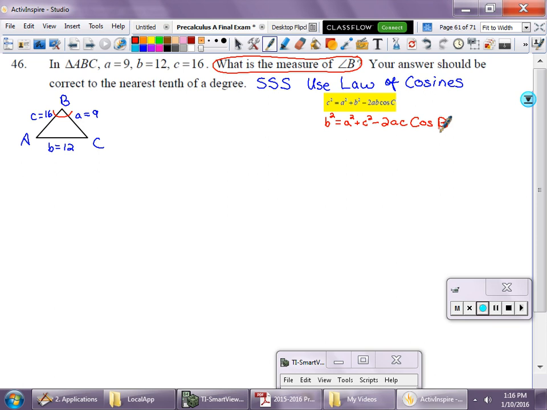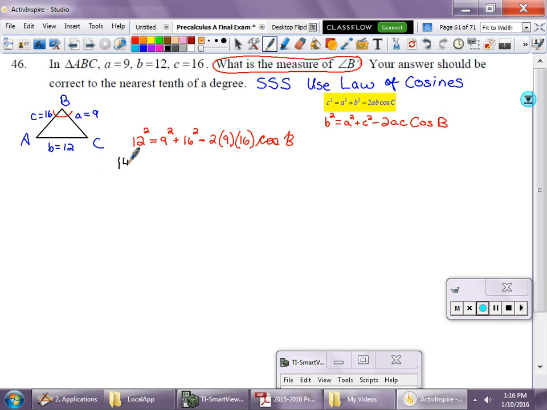We're using this formula, modification and perspective, so that we can find cosine of B. So we're going to solve this by substitution. B squared, so 12 squared, equals A squared plus 16 squared minus 2 times 9 times 16 cosine of angle B. Okay, substitute or simplify.